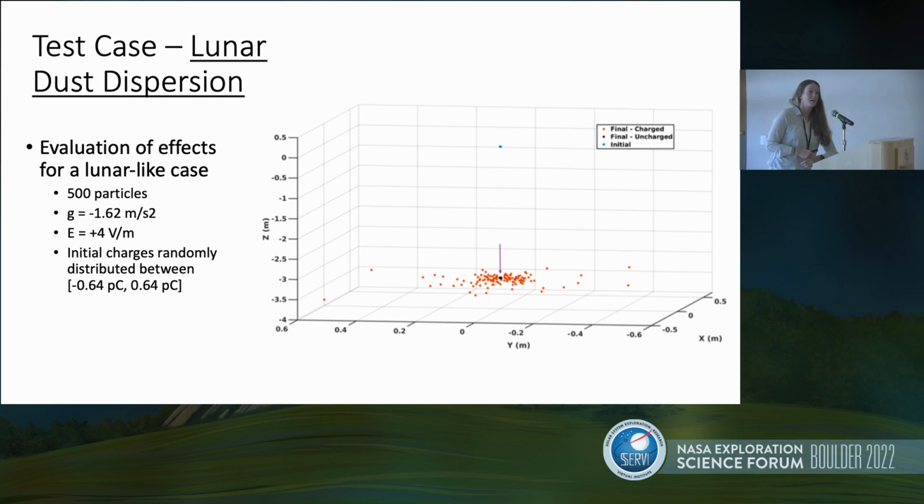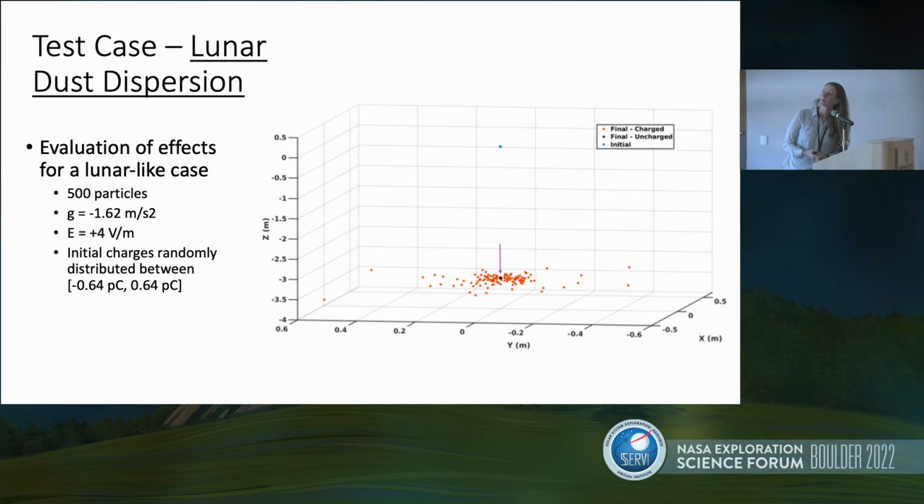And then we get to some actual physical cases where we start to try to explore charging in a lunar dust environment. These are lunar-like cases. So the particles are relatively large compared to what we think of for lunar dust, but they are sizes that might be lofted in different interactions.